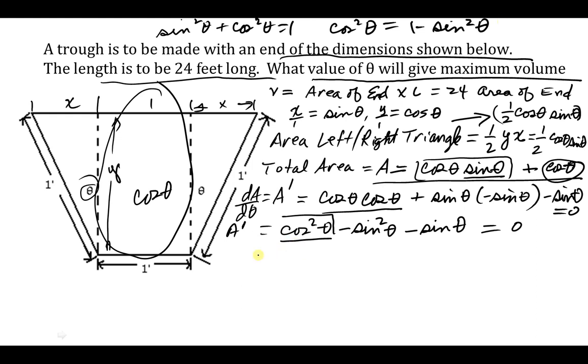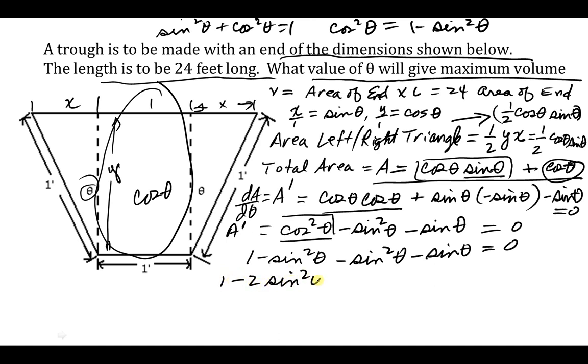So cosine square theta is equal to 1 minus sine square theta, minus sine theta equals 0. So combining all of this, we get 1 minus 2 sine square theta minus sine theta equals 0.